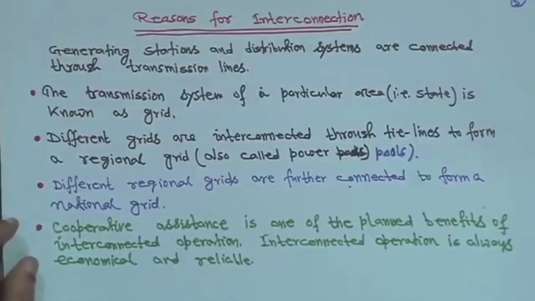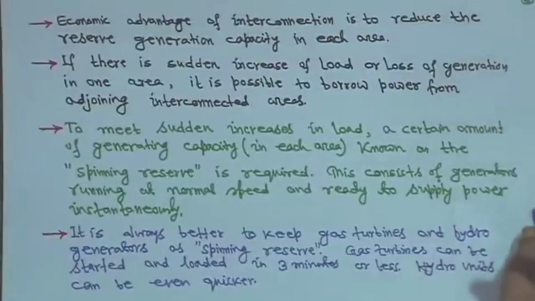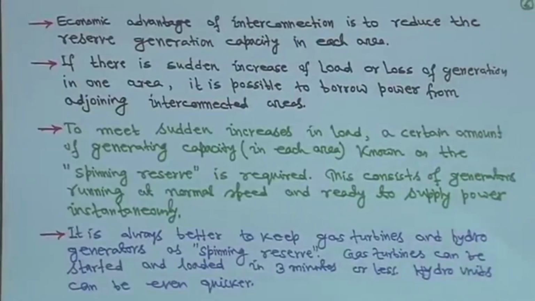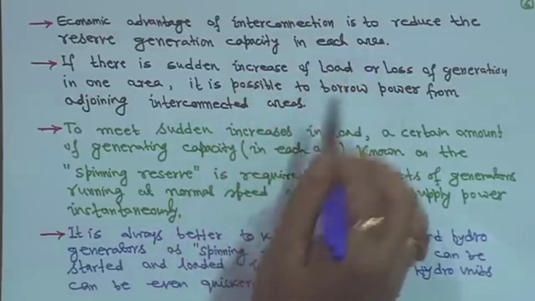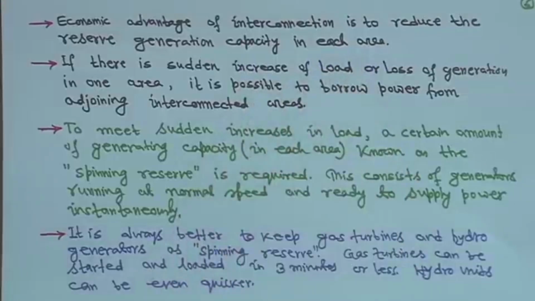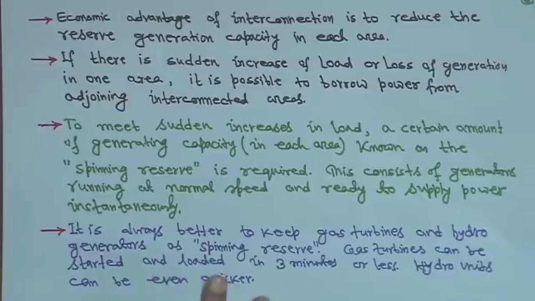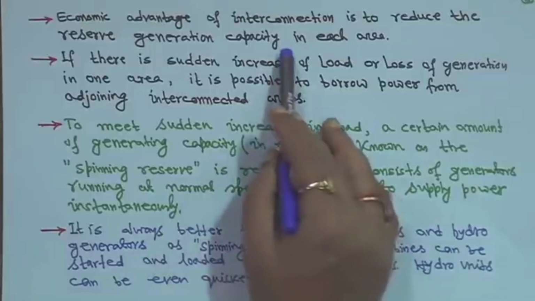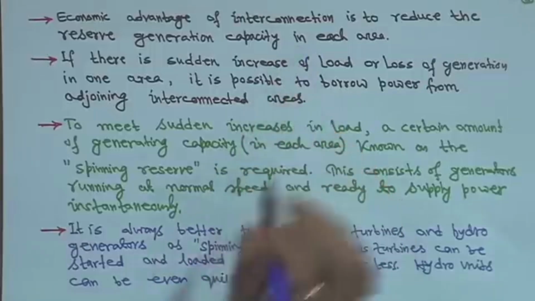So it is always economical and very much reliable. For this, the economic advantage of interconnection is to reduce the reserve generation capacity in each area. At present I am just giving you the basic thing. When we come to the different topic, more can be discussed later.